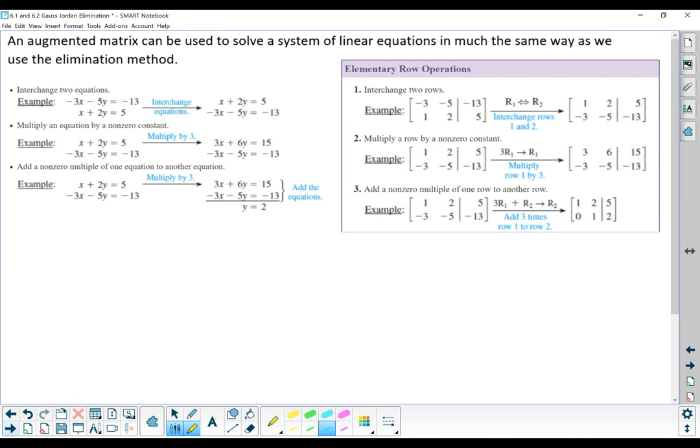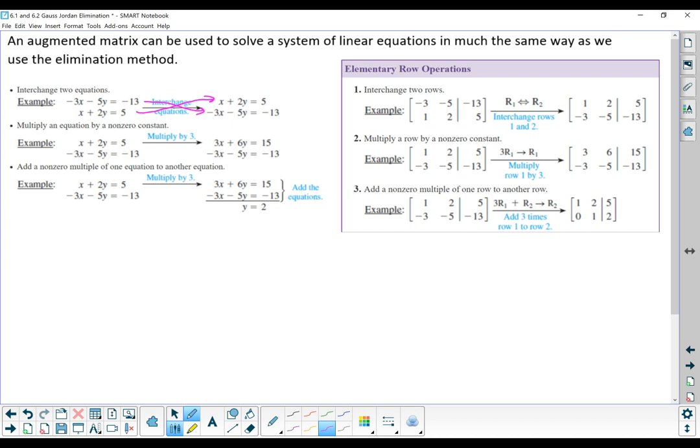So because this augmented matrix is representing a system of equations, we have several things that we can do to modify or manipulate that matrix. So first of all, remember that in a system of equations, sometimes we switch the order of the equations, or that's definitely something we can do.